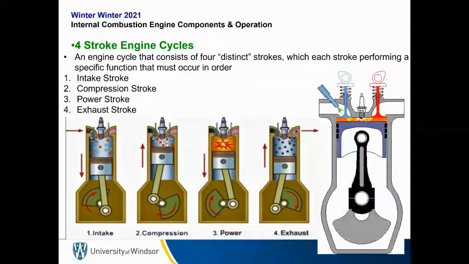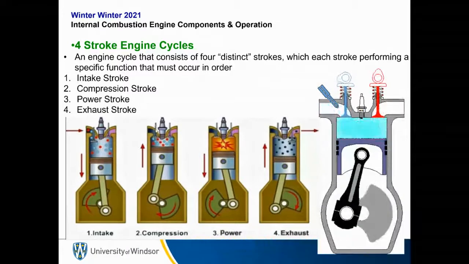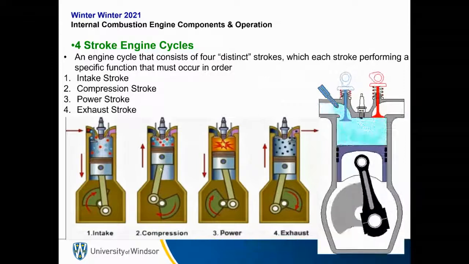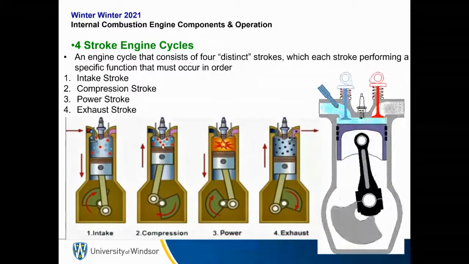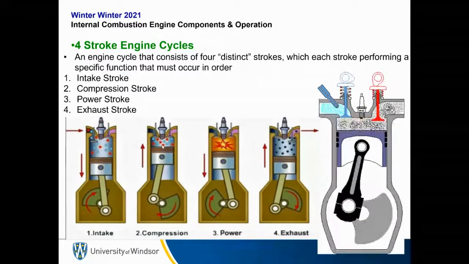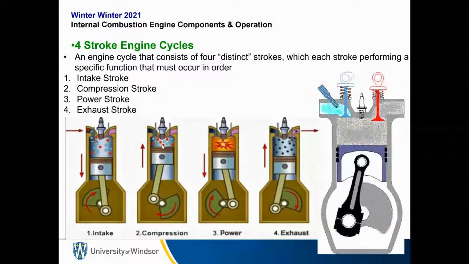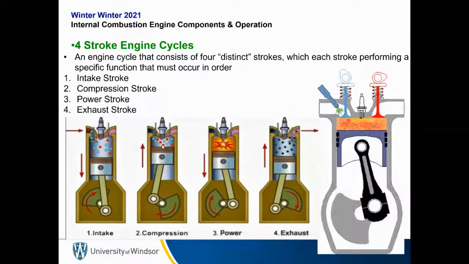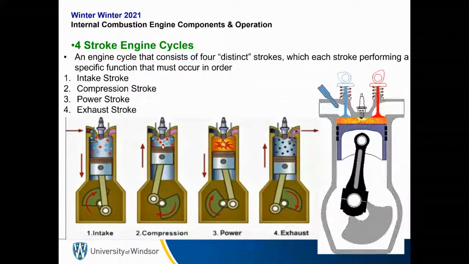We then have compression. Once the fuel and air have entered the chamber, the intake valve will close, and then the piston starts moving upwards. This is going to compress the gas, so we're going to increase the pressure within the cylinder. Now, on the next slides, I'm going to talk about spark ignition versus compression ignition.